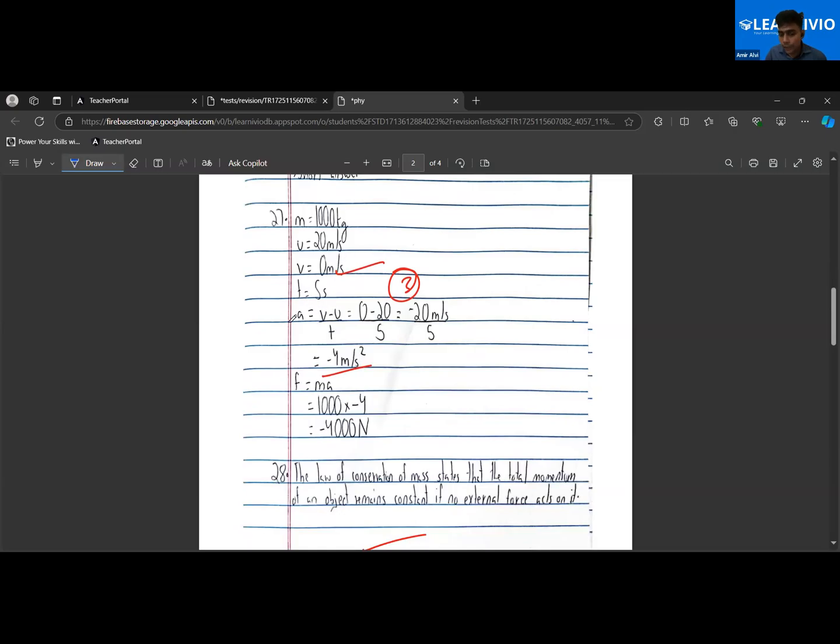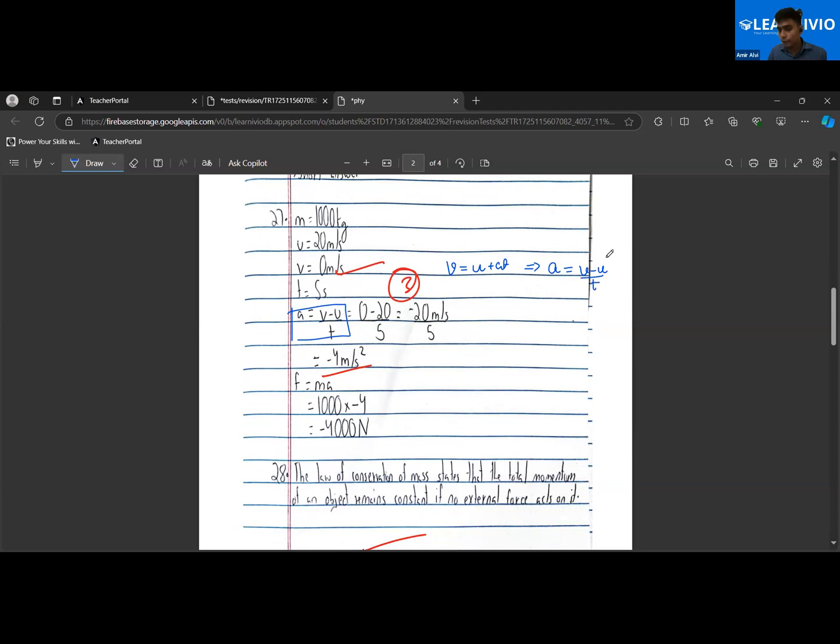One more thing, Hanan. Do not write the modified formula first. Always write that v = u + at. Then put an arrow sign, which means you are modifying it to a = (v - u)/t.